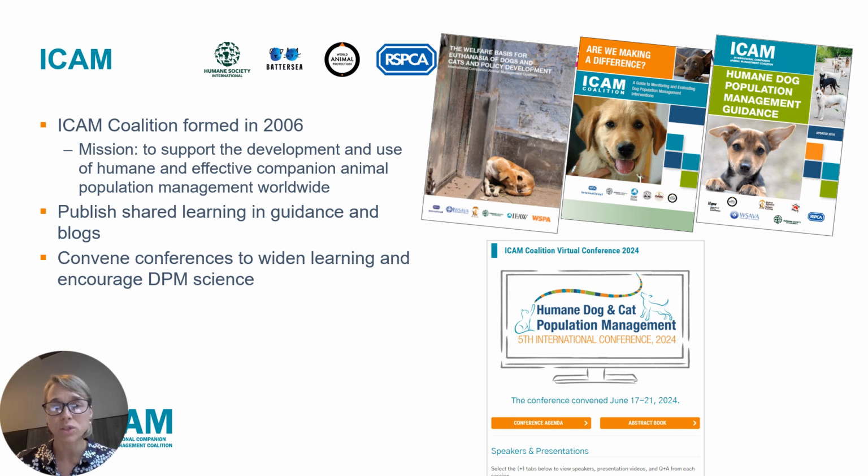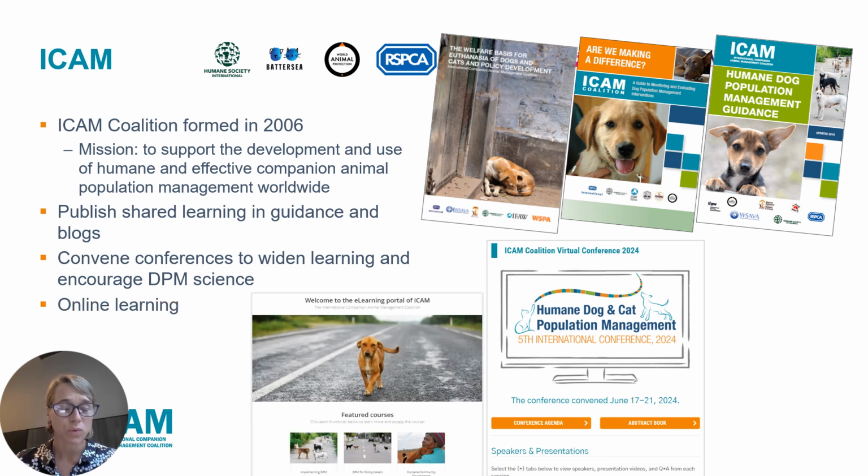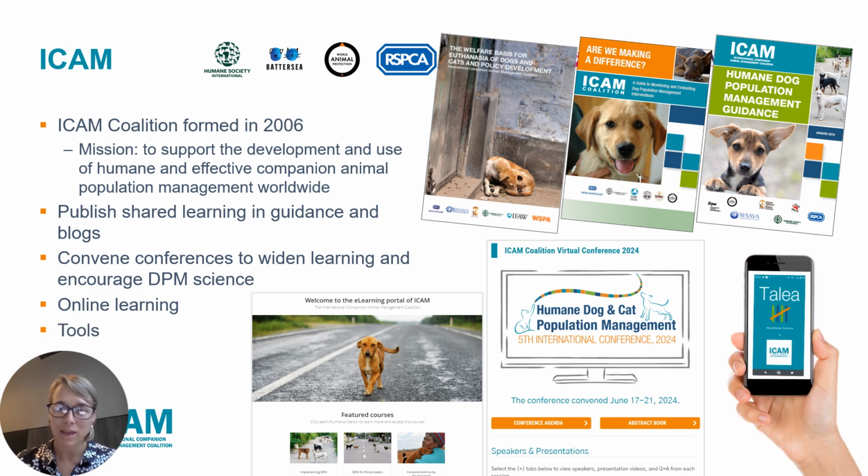All the presentations from our 2024 conference that happened just a month ago are available on our website as videos. We host free online courses on DPM, and finally we also develop tools. One example here is Talea, which means count in Latin, which is an app designed for conducting street surveys of free-roaming dogs and cats.